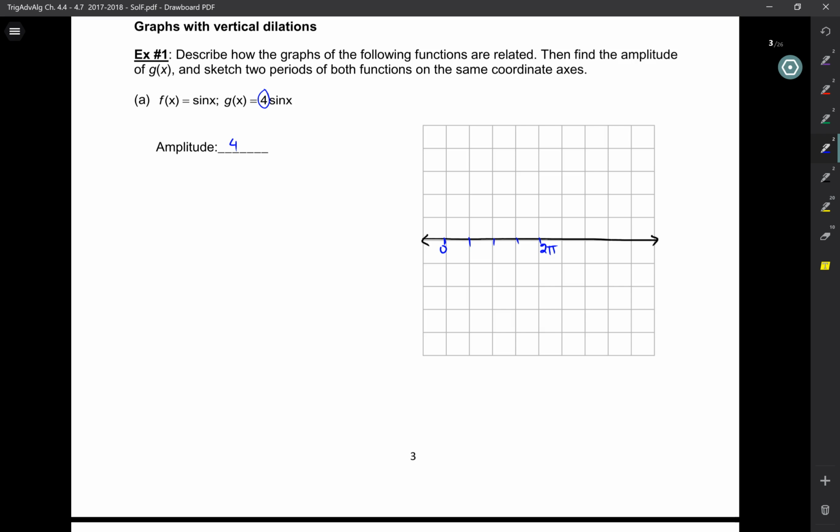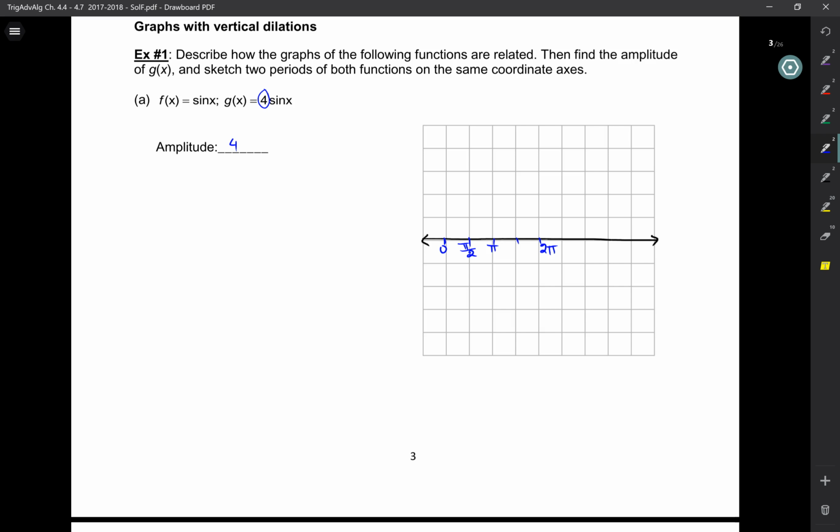Now, if the first point is 0 and the last point is 2 pi, what's exactly in the middle? Pi. Now, let's look at the quarter point. If this is 0 and this is pi, what's in the middle of that? If this is a full pi, half of it is pi over 2. If you get confused, what do you do?